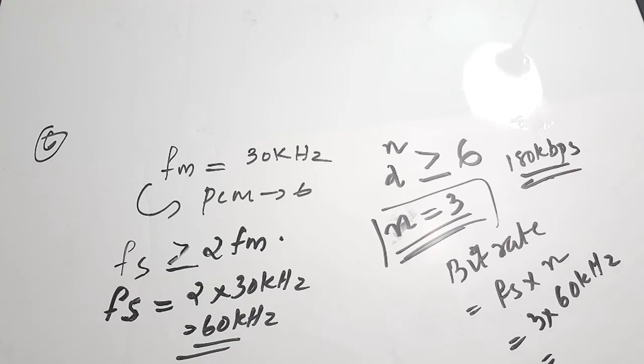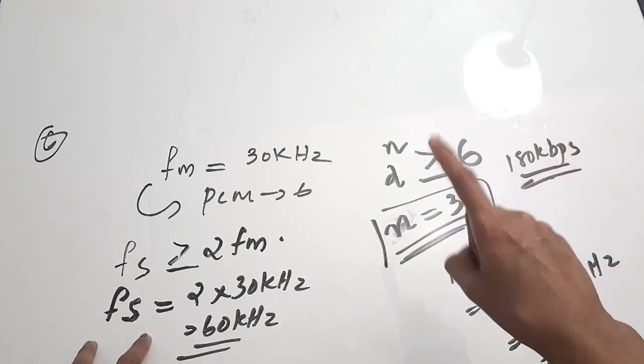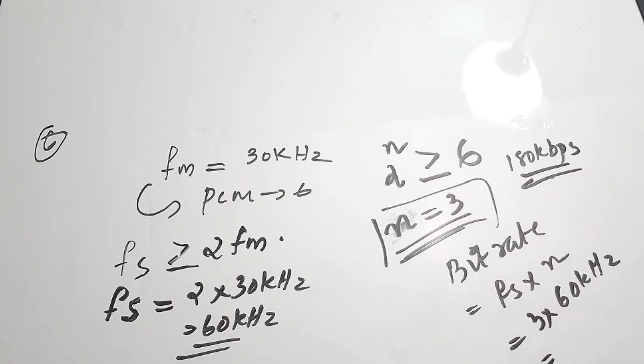Each sample will occupy 3 bits. Sample rate is 60 kilohertz, so the total bit rate is Fs into n, which is 3 into 60 kilohertz, which is 180 kilobits per second.